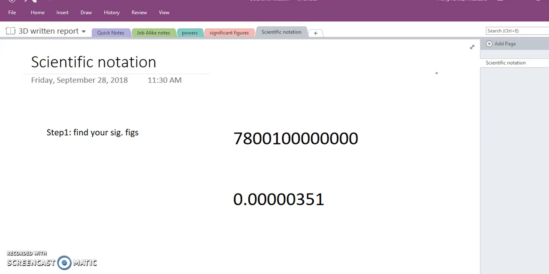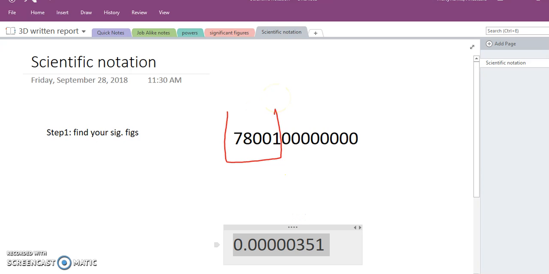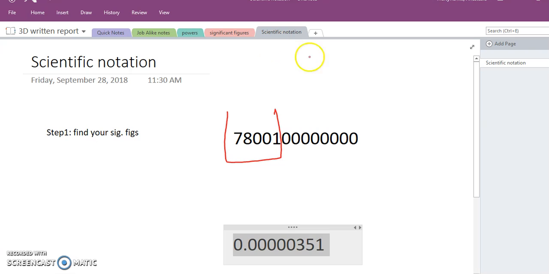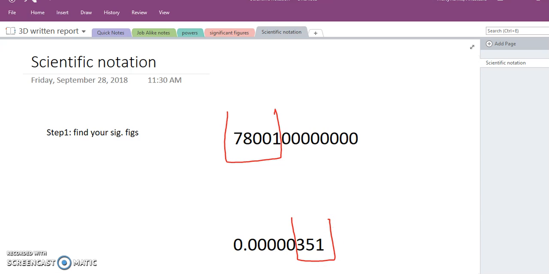So moving to the left, my first non-zero number is 1, and this one and all the numbers after it are sig figs. In this case, I'm moving to the right. My first non-zero number is 3. This number and all the numbers behind it are significant figures.